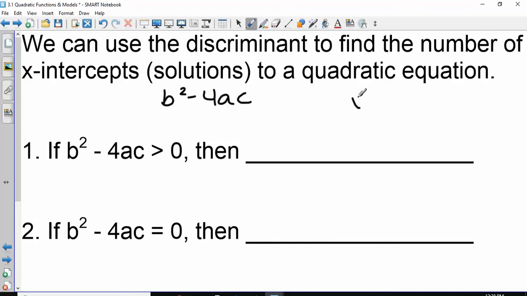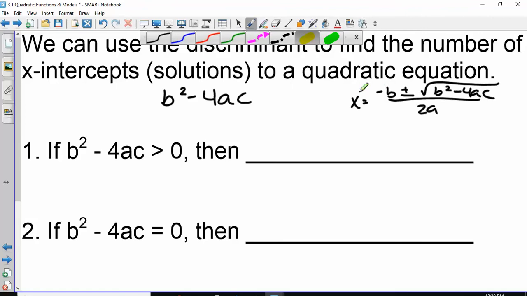If you think about the quadratic formula, x equals opposite of b plus or minus the square root of b squared minus 4ac all over 2a. If you have x equals opposite of b over 2a, what's that? That gives you the x value of the vertex. The other piece in this, b squared minus 4ac, is our discriminant.